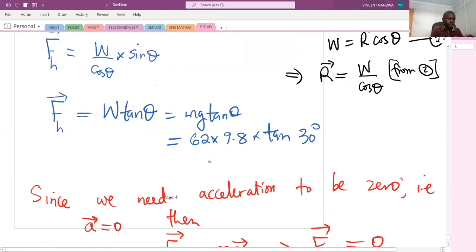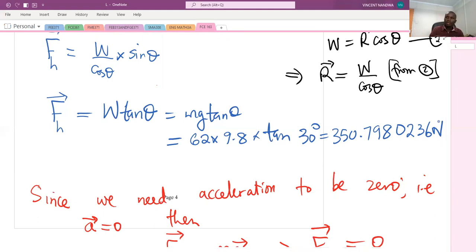So when you work out 62 by 9.8 by tan of 30 degrees, you get 350.7980236 newtons. So that is the restraining force on that given skier. So that's how we solve that problem. Thank you.